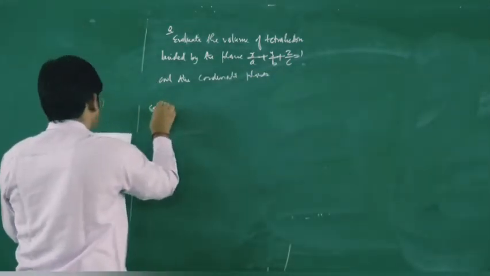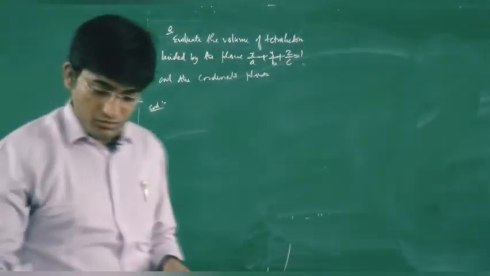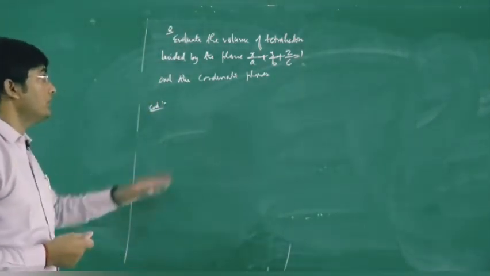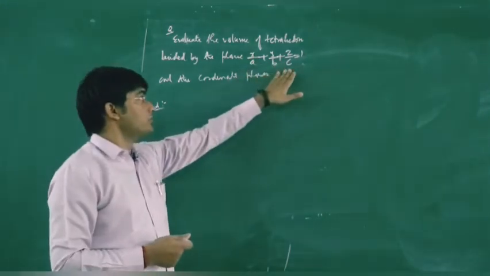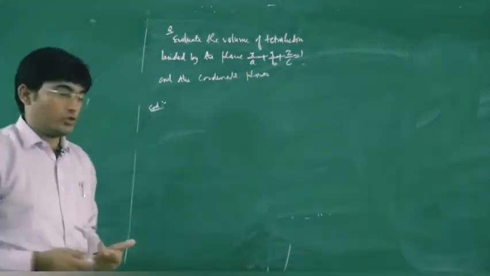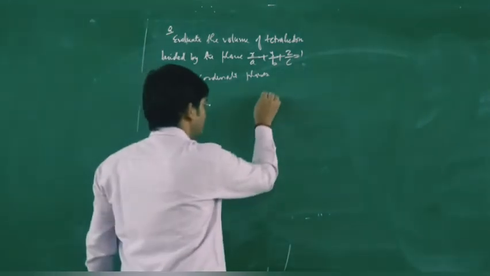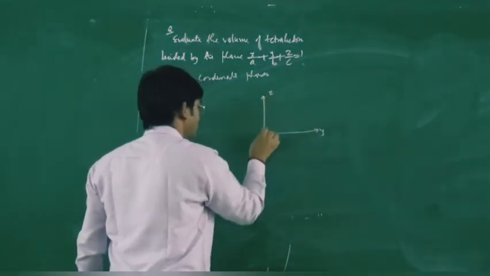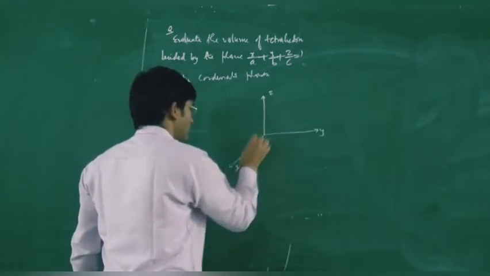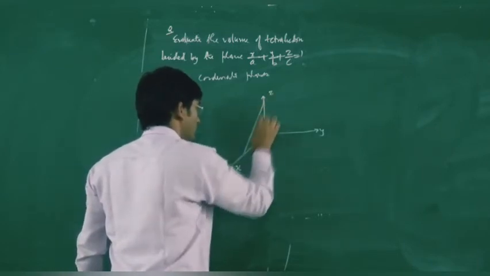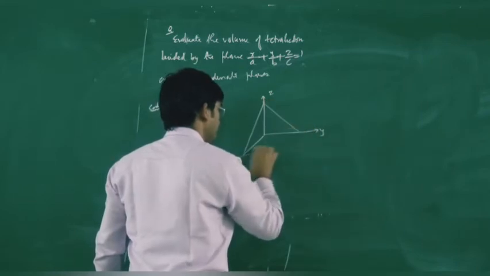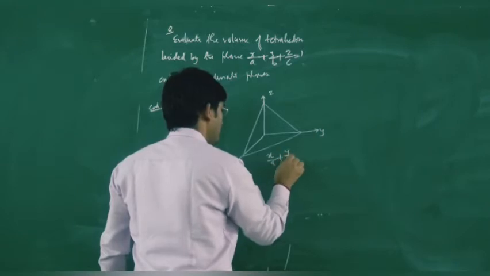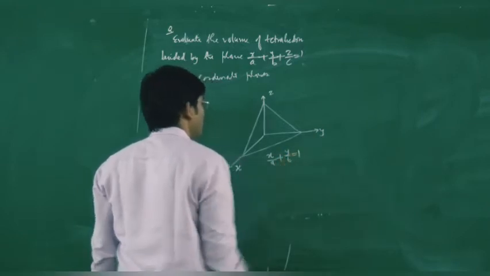Solution. Now let us find out the volume of this tetrahedron which is bounded by the plane x upon a plus y upon b plus z upon c equal to 1 and the coordinate axes. So this is your y axis, this one is the z axis and this one is the x axis. So this is your tetrahedron, and in the xy plane we will have x upon a plus y upon b equal to 1.